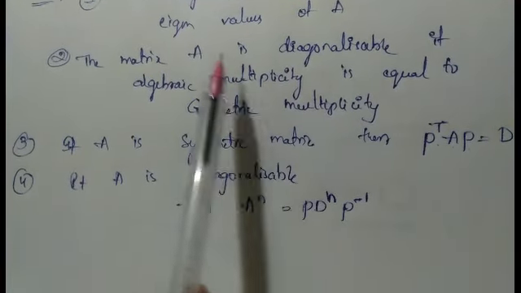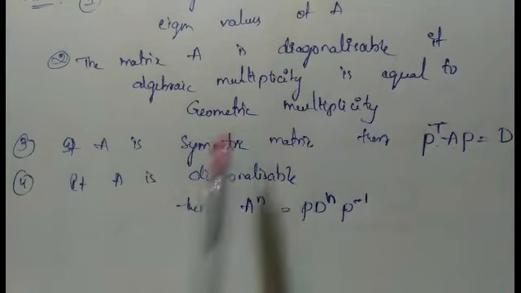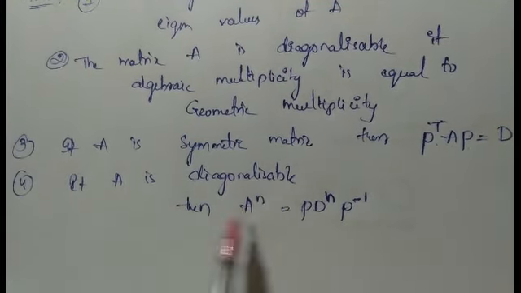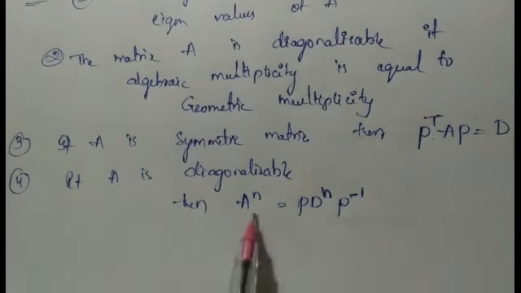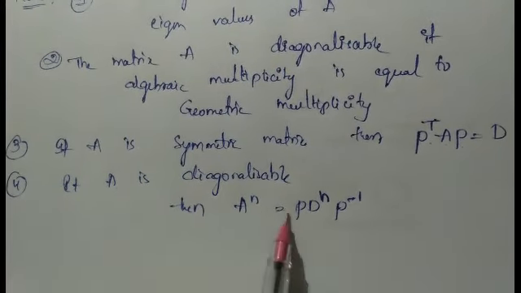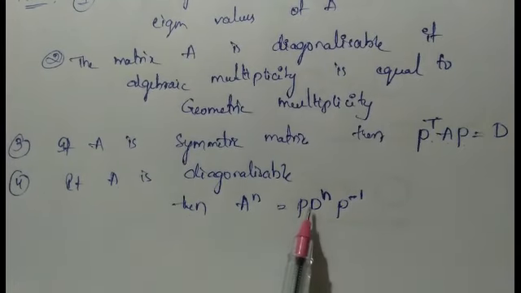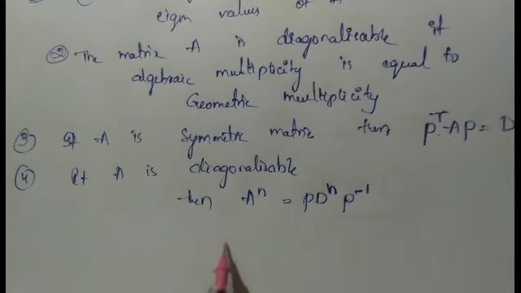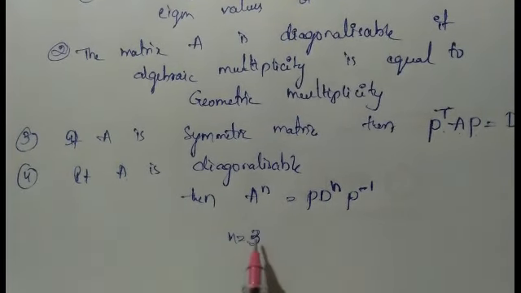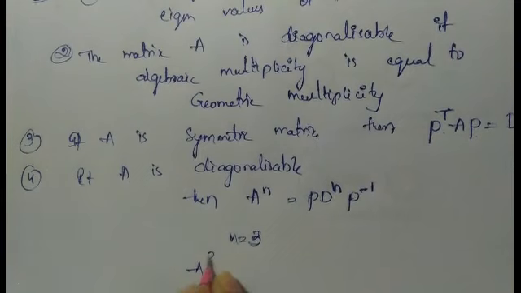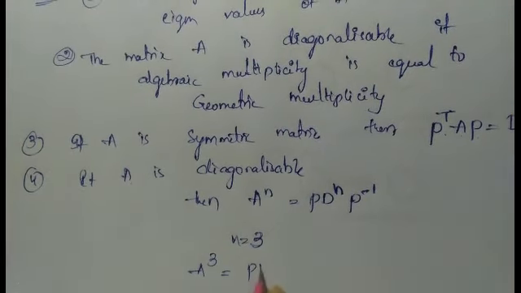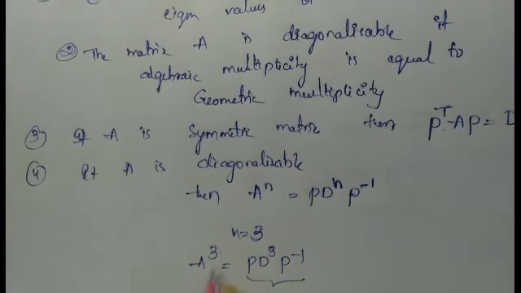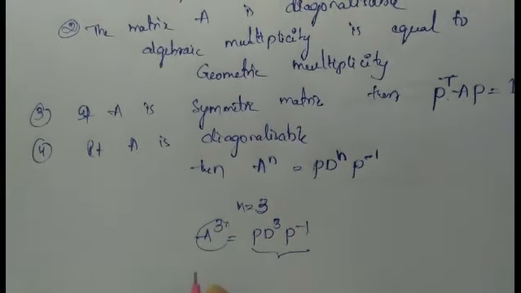When it is diagonalizable and they ask for A power 3 or A power 8, we can directly use the formula P D power n P inverse. If n is equal to 3, substitute 3 in this equation, and you get A power 3 as P D power 3 P inverse. When you solve this, you get the value of A power 3.